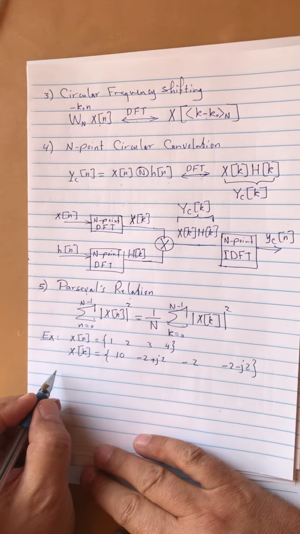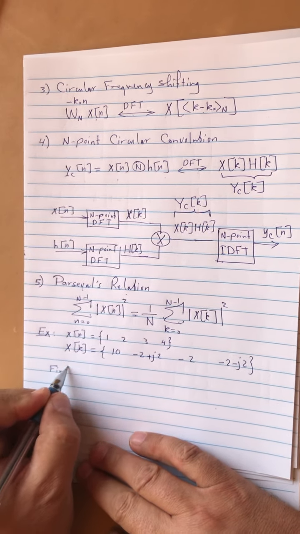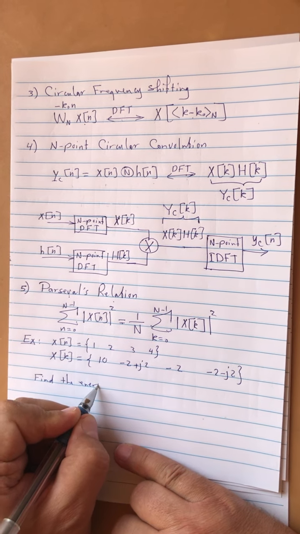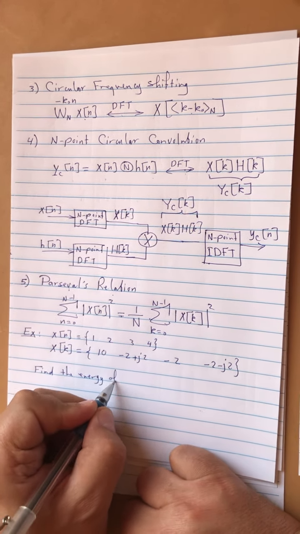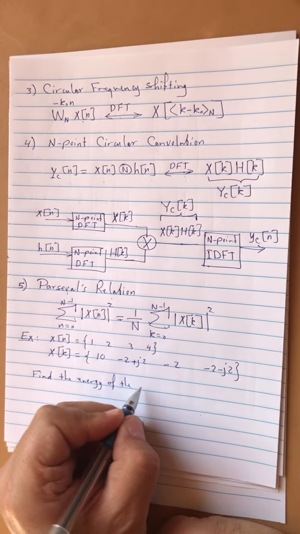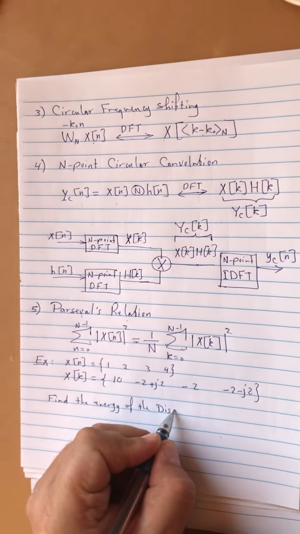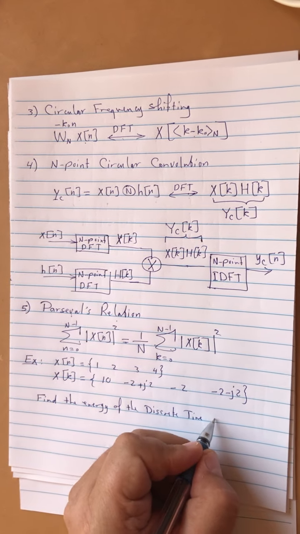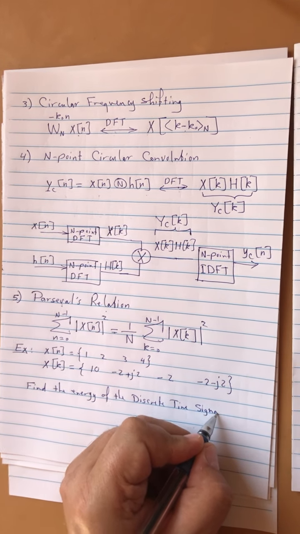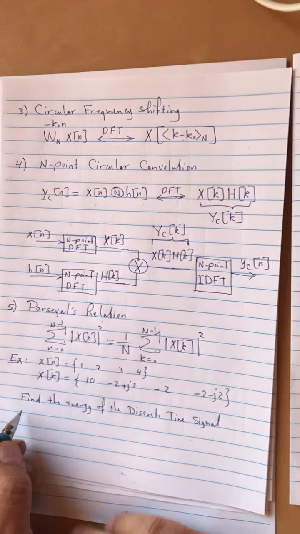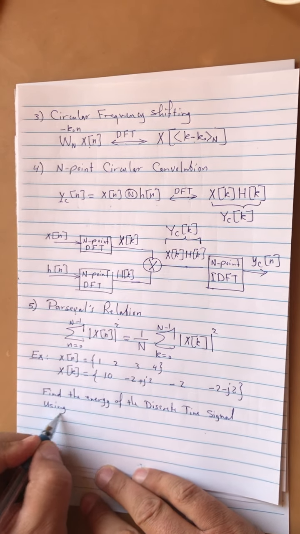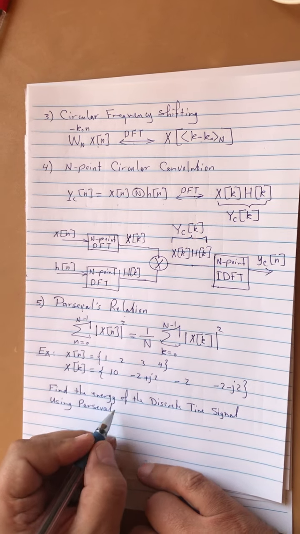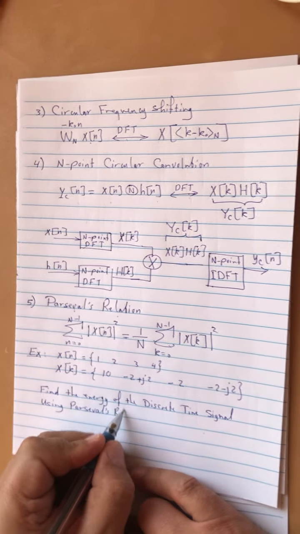We will find the energy of the discrete time signal using Parseval's relation.